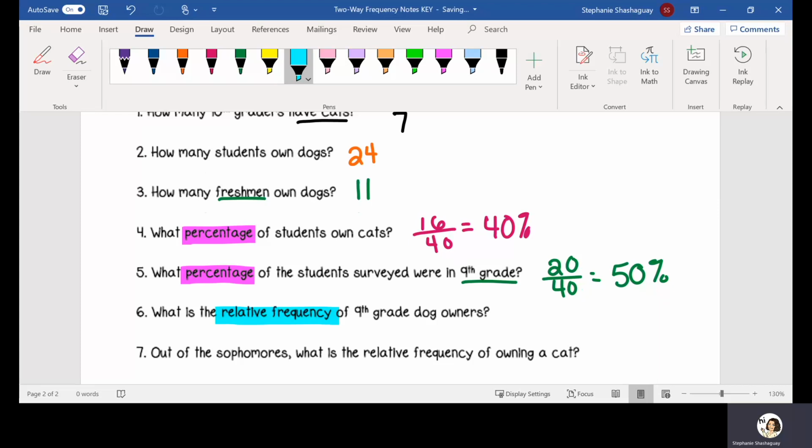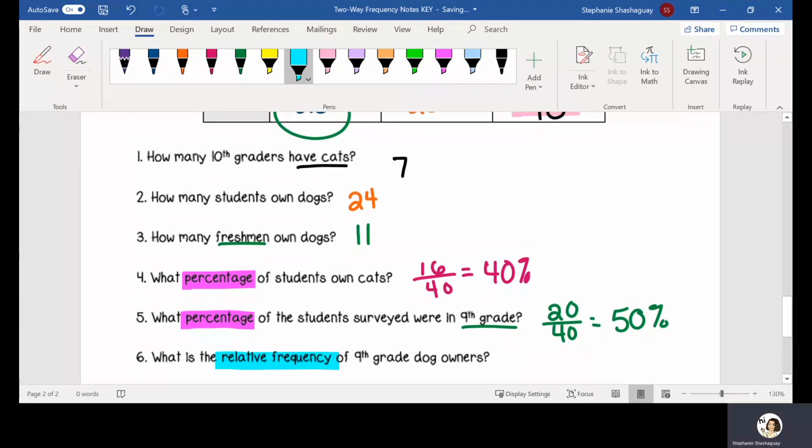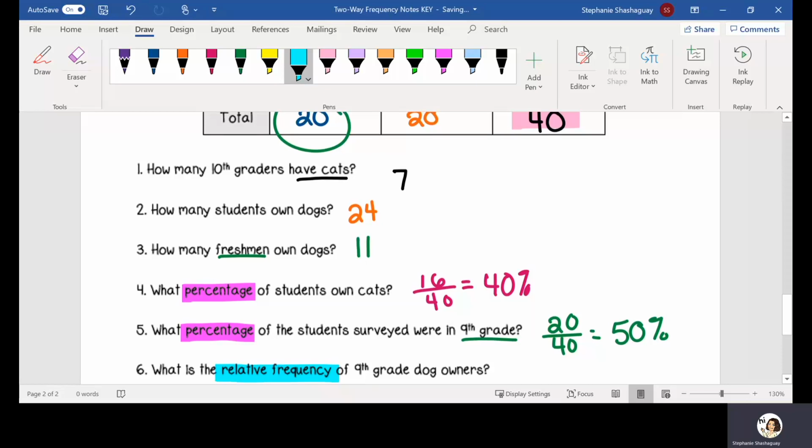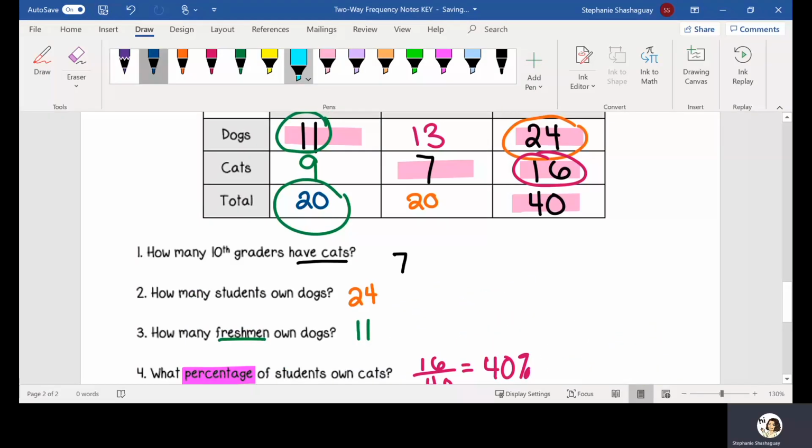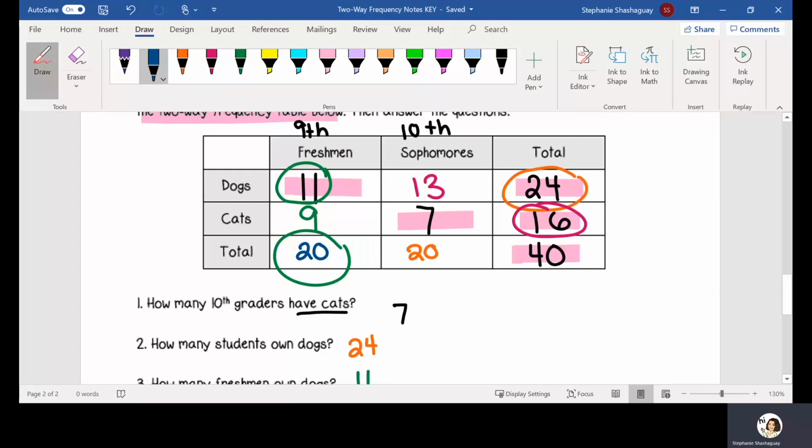What is the relative frequency of 9th grade dog owners? Okay, when we're talking about relative frequency, we're talking about the total number of times an item occurs. 9th grade is this column, dog owners is this row right here.